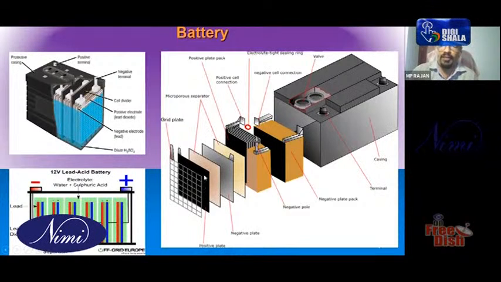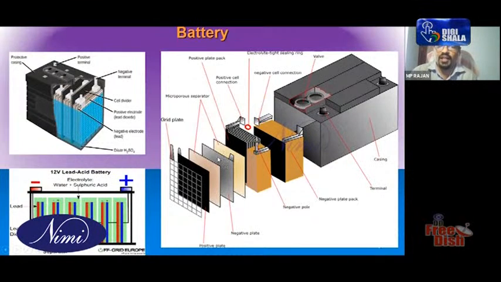So tubular battery means instead of plates, tubular construction is used. The advantage of tubular is that plates sometimes may bend and the active material may fall down. Tubular is very strong; the active material, lead peroxide or spongy lead, will not fall. So you can go for heavy charging and discharging. So tubular solar batteries are very strong. But normally plates are used.